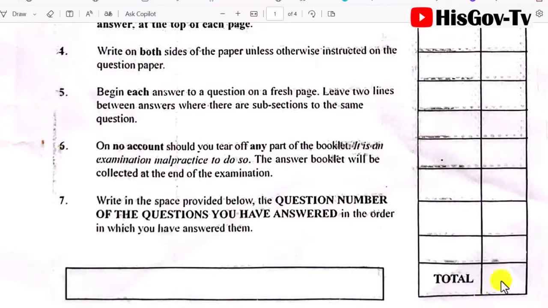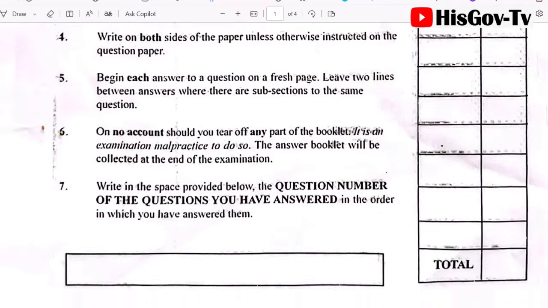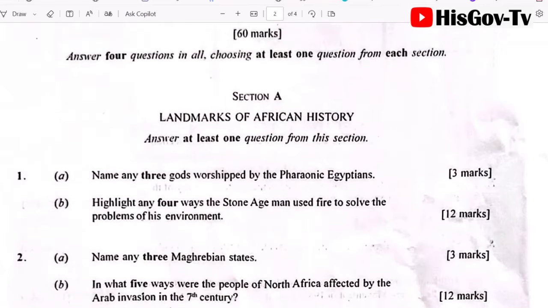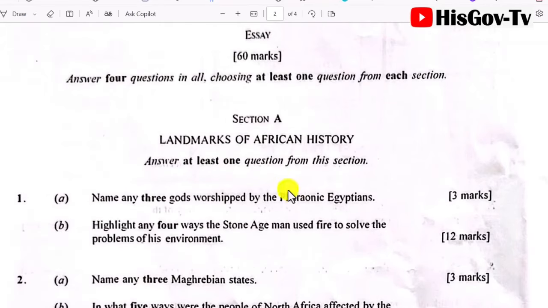Now let's start with the questions. As usual, we have Section A, the landmarks of African history, which normally comes from Year 10 or Year 1 notes. You are to answer 4 questions in all, at least 1 question from each of the sections. So you answer 1, 1, 1, then you take the second one from any of the sections.